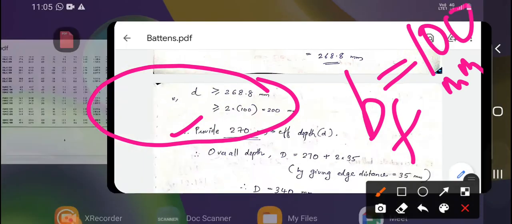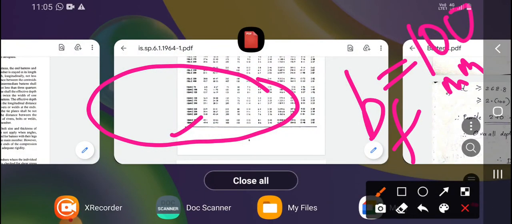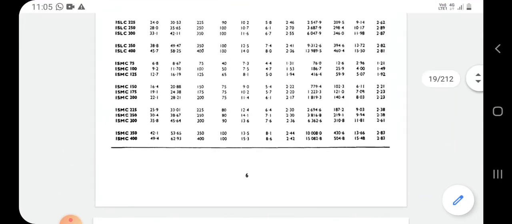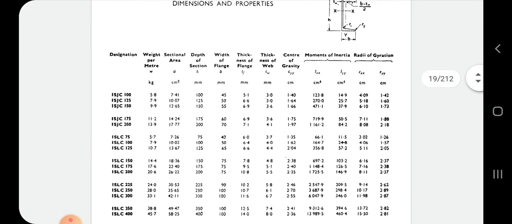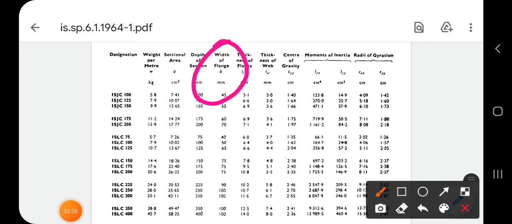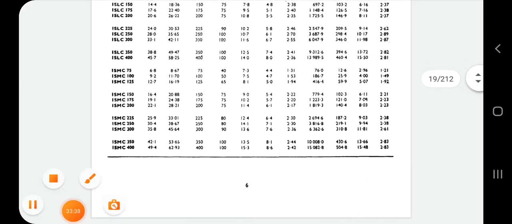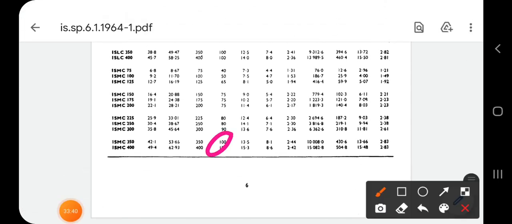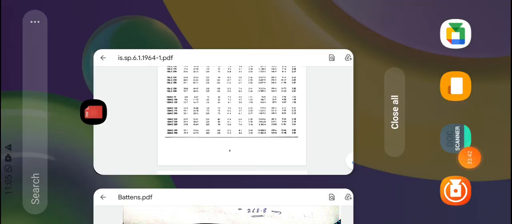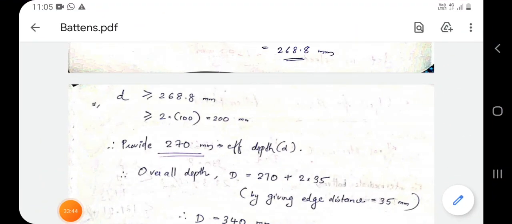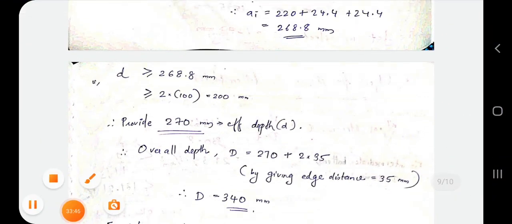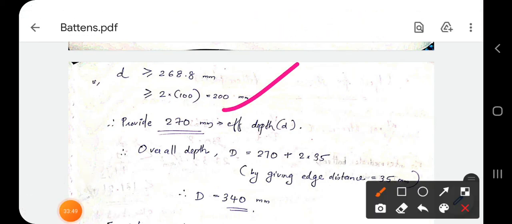You can see the width of flange here, the value is 100 mm. By checking both of them, provide 270 mm.